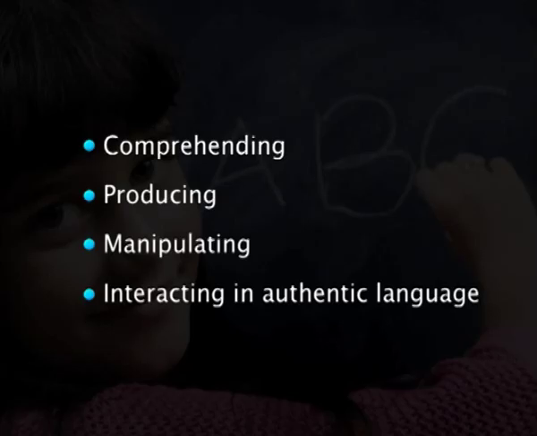Tasks are defined as activities that can stand alone as fundamental units and that require comprehending, producing, manipulating, or interacting in authentic language. Attention is principally paid to meaning rather than form, as Nunan stated in 1989.